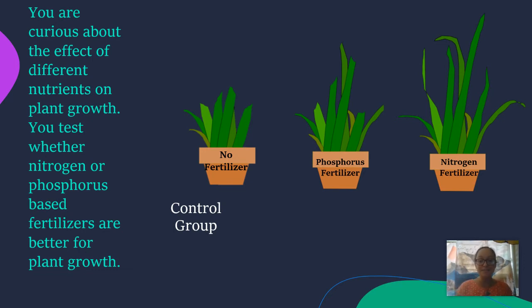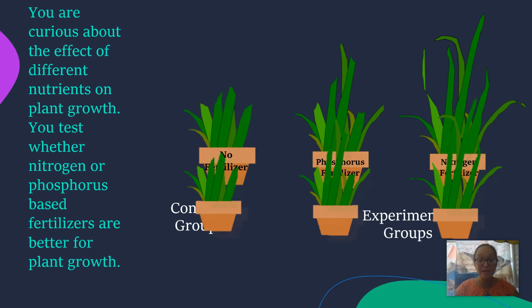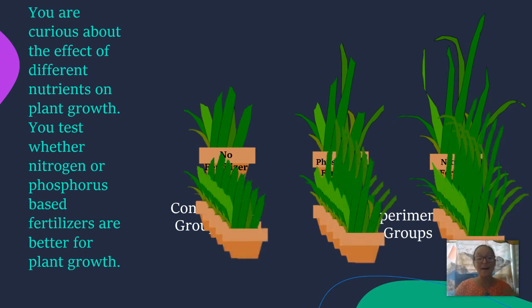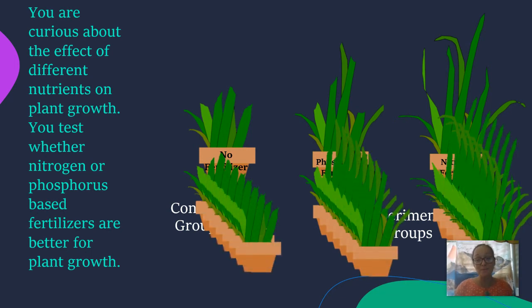So here you can say that fertilizers do increase plant growth in your experimental groups. But of those fertilizers, we can see that the nitrogen-based fertilizer was the best at increasing plant growth. But again, this is just 3 pots. So if you want to have valid conclusions, it is super important to repeat your experiment multiple times, have multiple trials, and have a large sample size, so you can draw valid conclusions from your results.